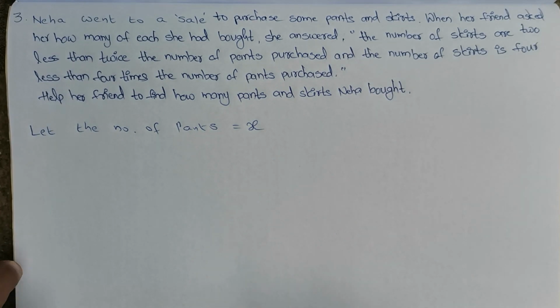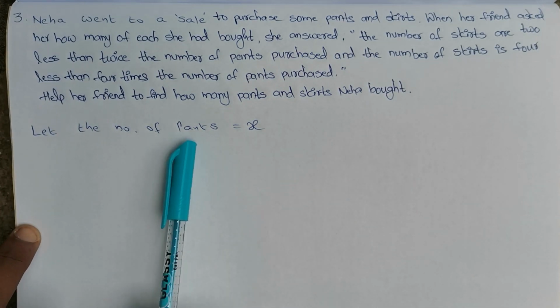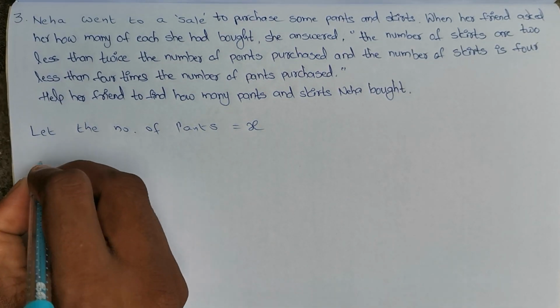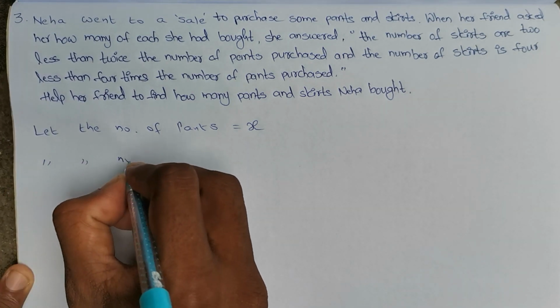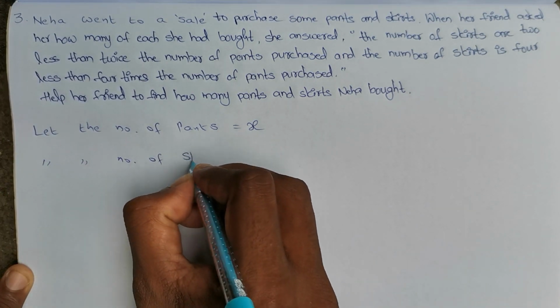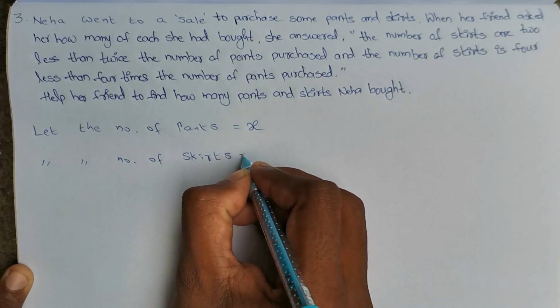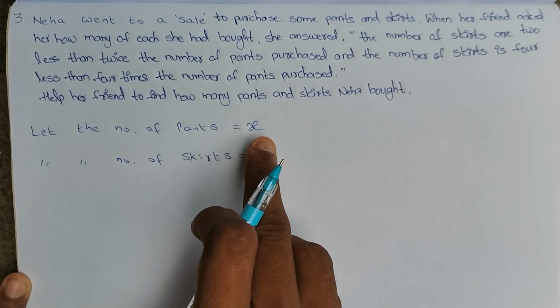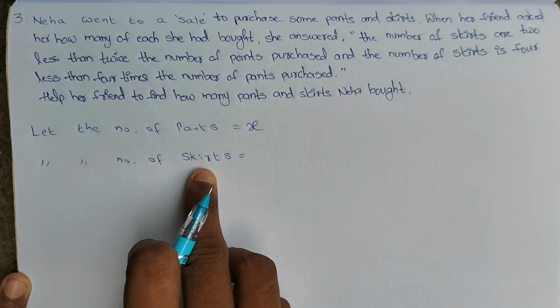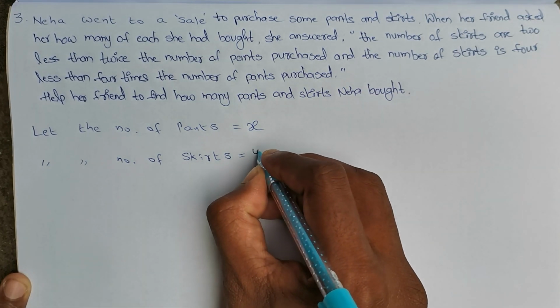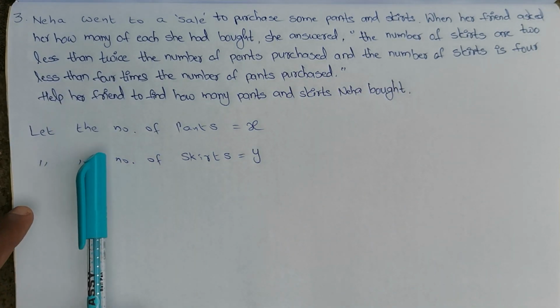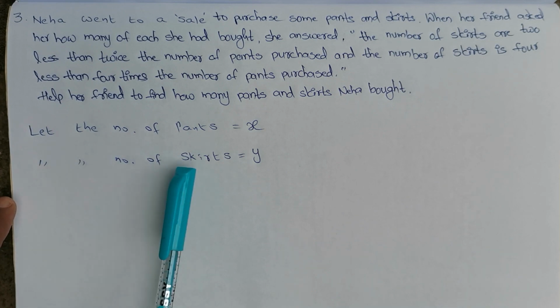How many pants there are we don't know, so that's why I'm taking the number of pants as x. How many skirts there are, that also we don't know, so I'm taking some other variable y. So let the number of pants be x and let the number of skirts be y.